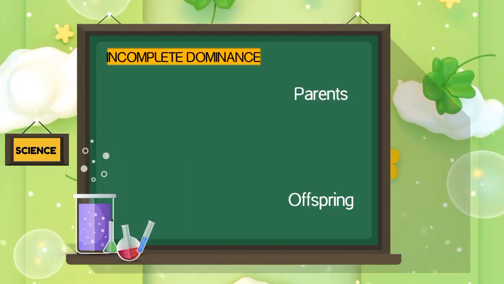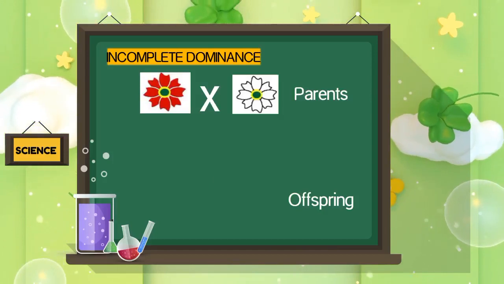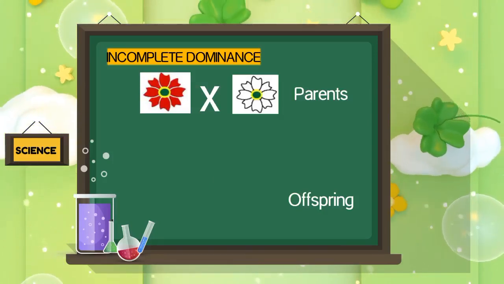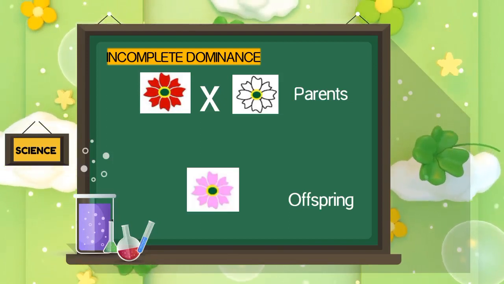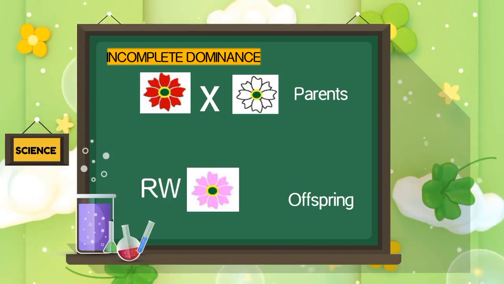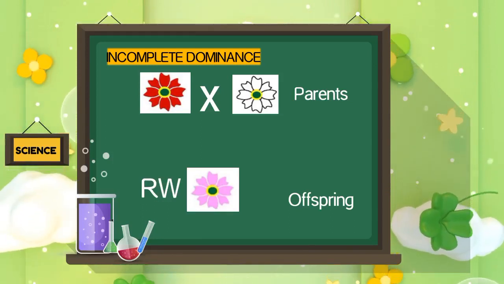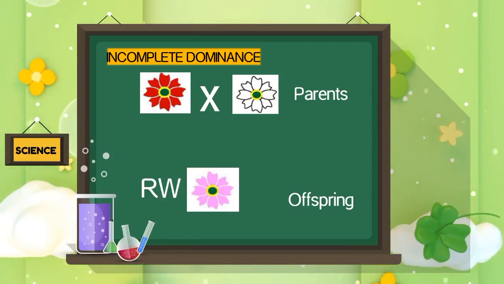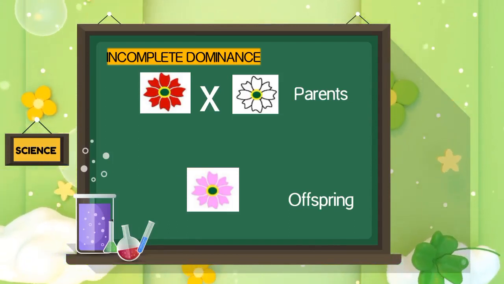Ibig sabihin, kung i-cross natin yung pure red flowered 4 o'clock plant at pure white flowered 4 o'clock plant, lahat ng magiging offspring nila ay magiging heterozygous na kulay pink, which is represented by uppercase letter R and uppercase letter W. Walang lumabas sa offspring na color red at color white dahil hindi sila completely dominant.